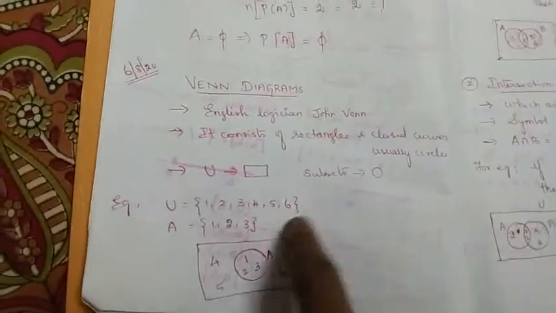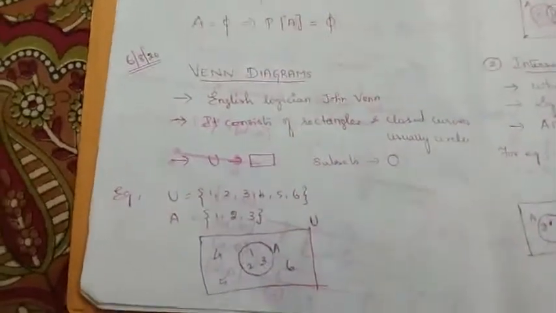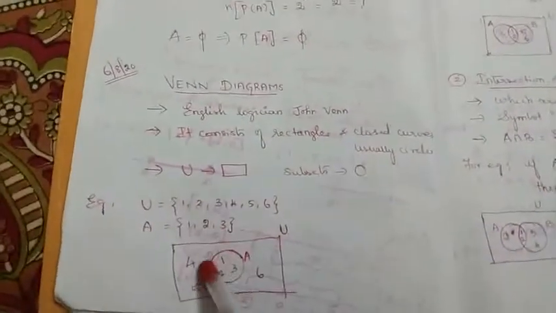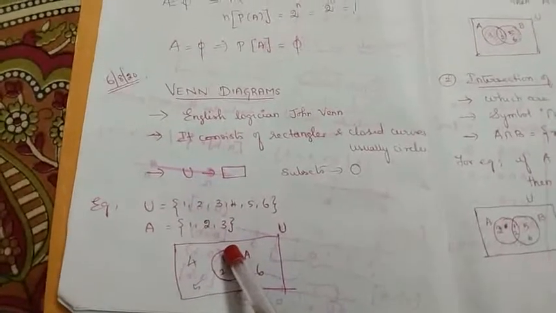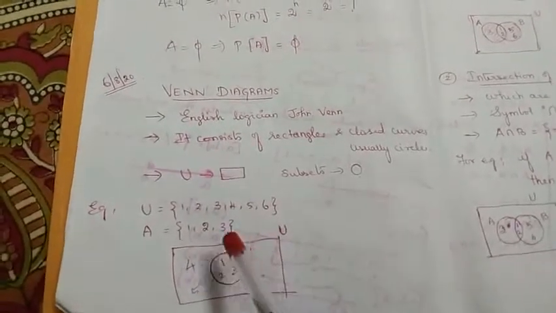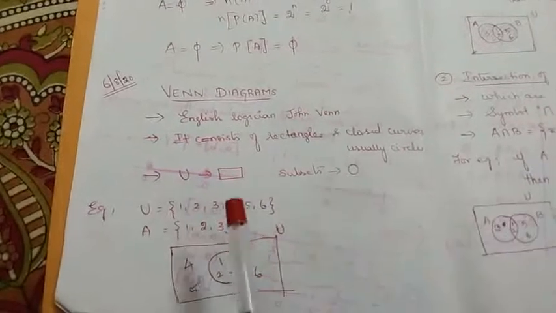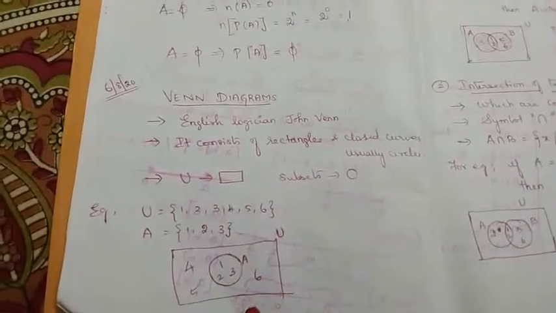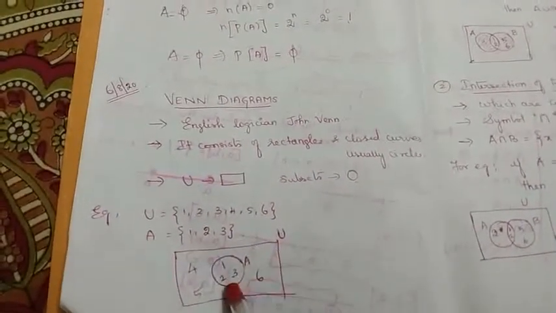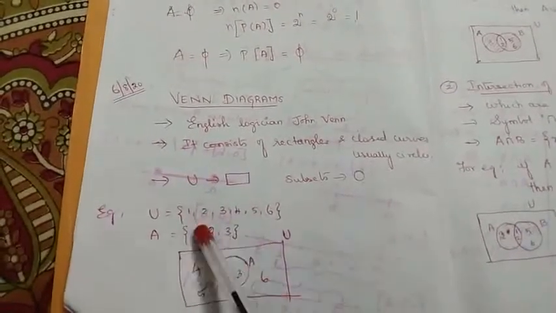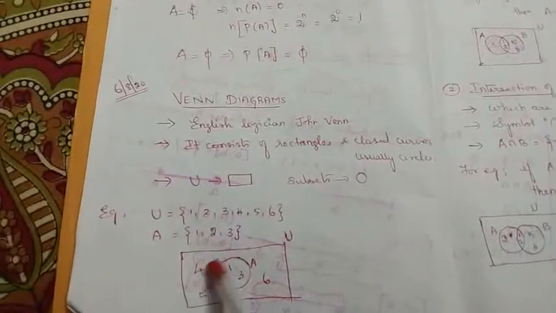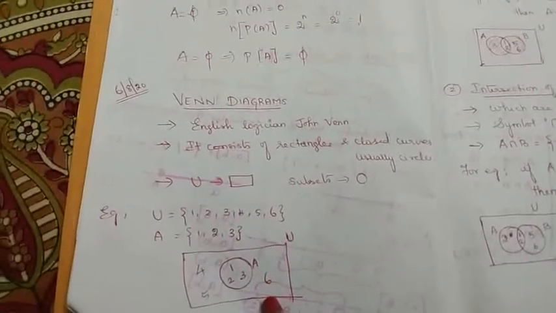So we will have a rectangle which denotes the universal set, and we will denote the subsets of the universal set by circles. If you see this example, first you have to fill in the elements of the subsets and the remaining elements should be filled in the rectangular space. See, the elements of the set A are 1, 2, 3. So the remaining elements are filled in the universal set.